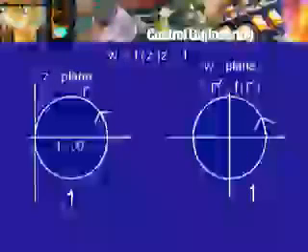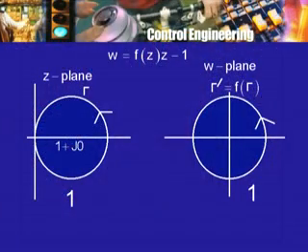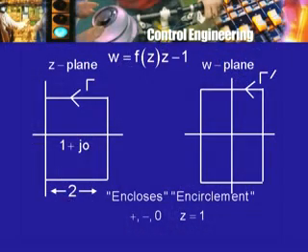This is not a coincidence, and we can check it for our very special function z minus 1 by taking one more example. For example, I can take a contour gamma which is different from this one, but I'll choose it in such a way that it encircles the point 1 plus j0. I can choose, for example, a square. So if I choose a square in the z plane, whose sides are all of some length, and this is the contour gamma, then what is going to be the image of this contour?